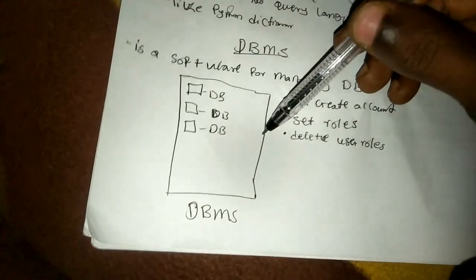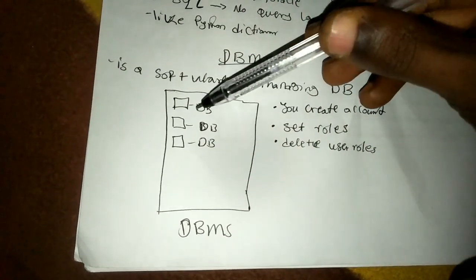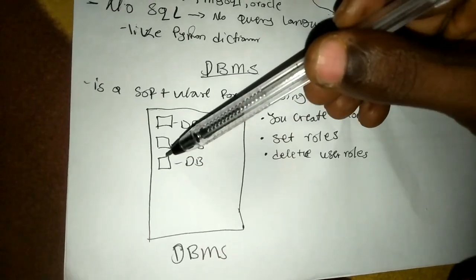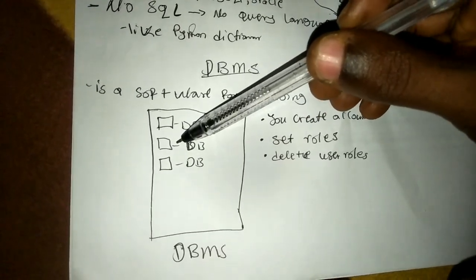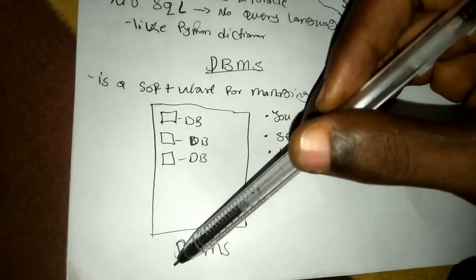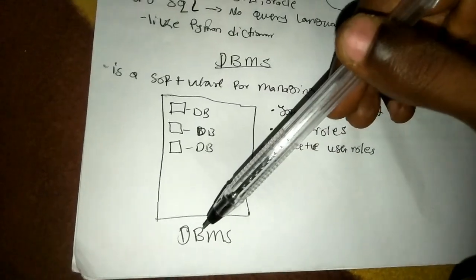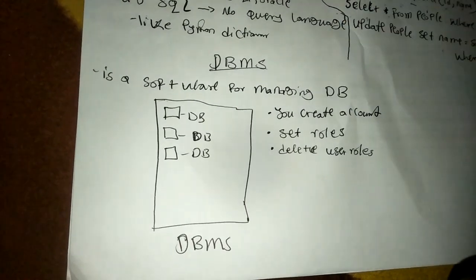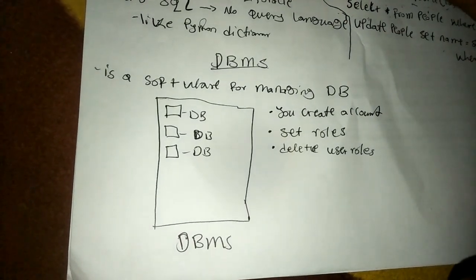So a single DBMS can have multiple databases, as you can see. For example, we can have a school database, a company database, an organization database, and so forth.